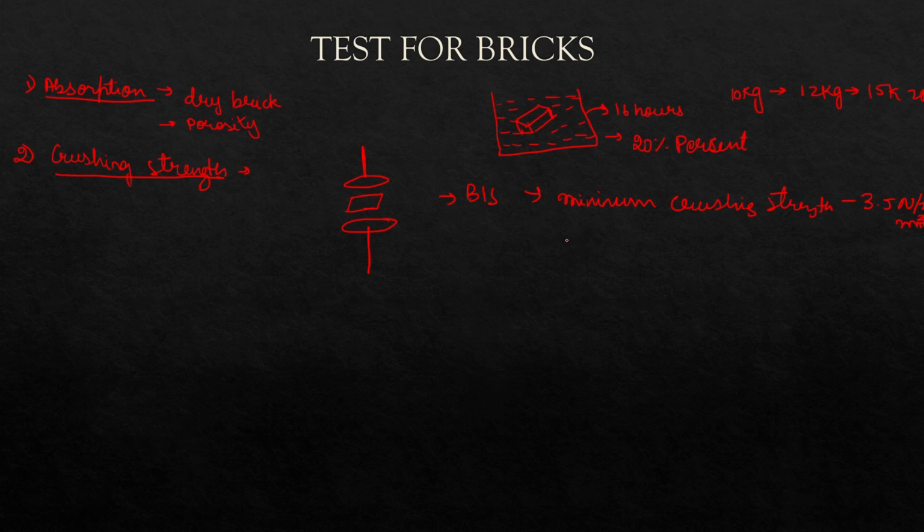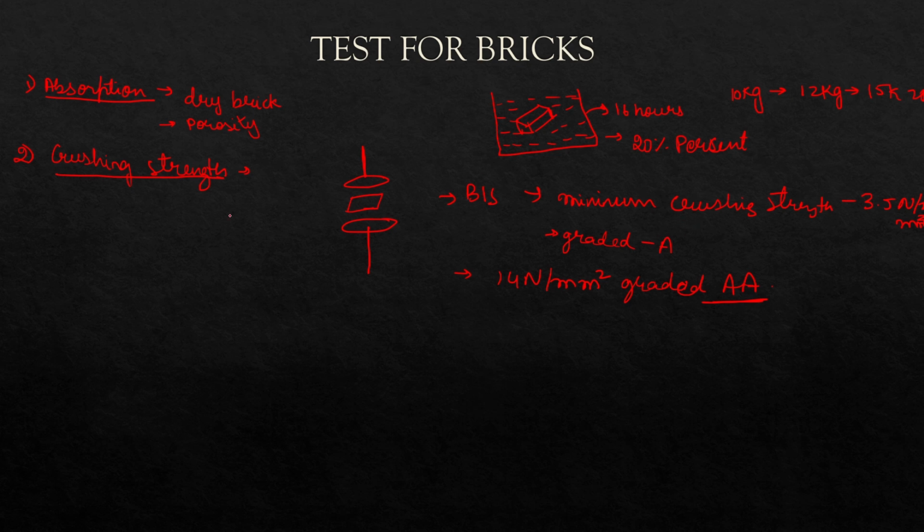If it is 3.5 N/mm square, it is graded as A grade. If the crushing strength exceeds 3.5 and goes up to 14 N/mm square, it's graded as AA.